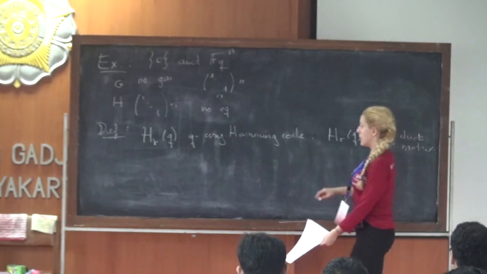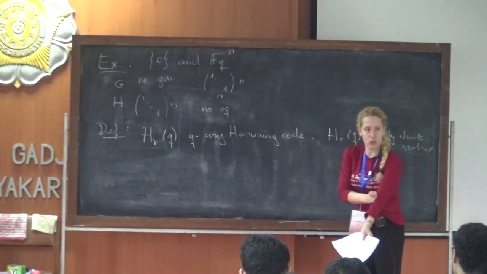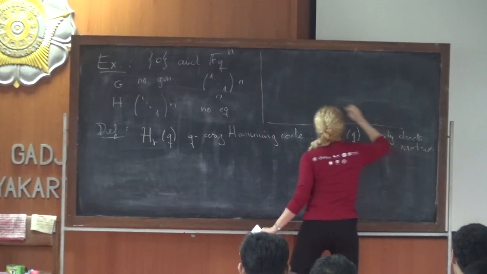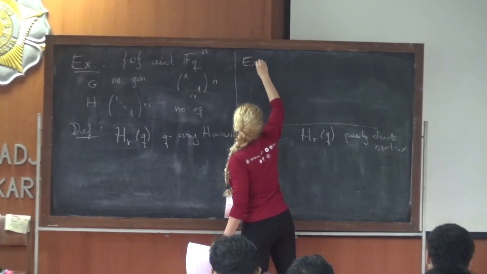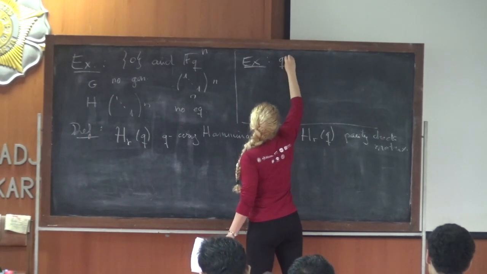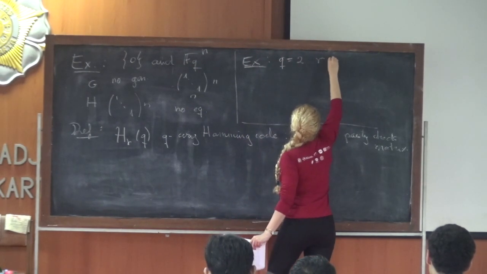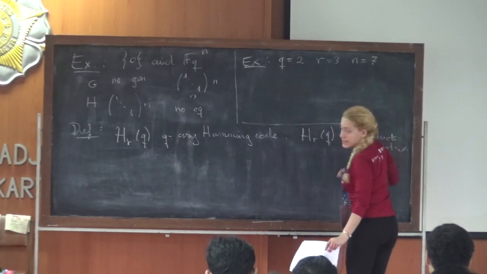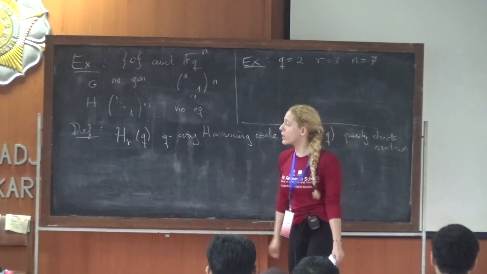So, for instance, in the example that we saw, we have q equal to 2, r equal to 3, n equal to 7, with the parameters that we have here.